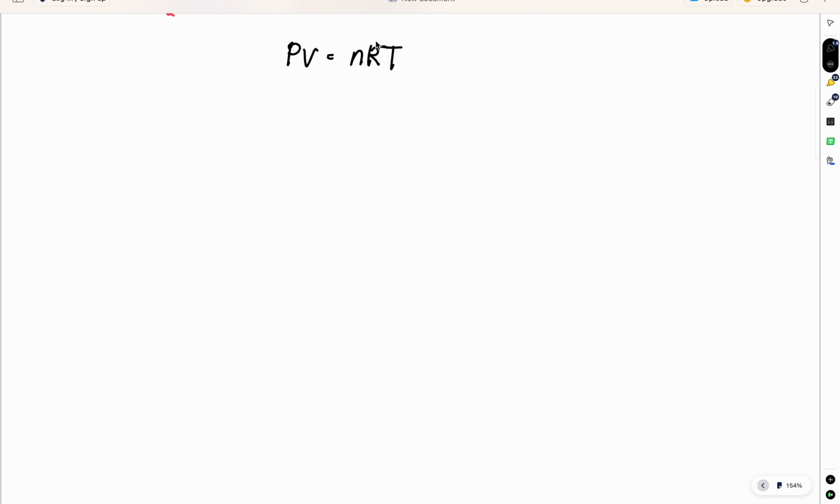Let's say that we have initial and final states. On the left side we have the initial state, P1, V1, nRT1. And we also have the final state, P2, V2, nRT2.